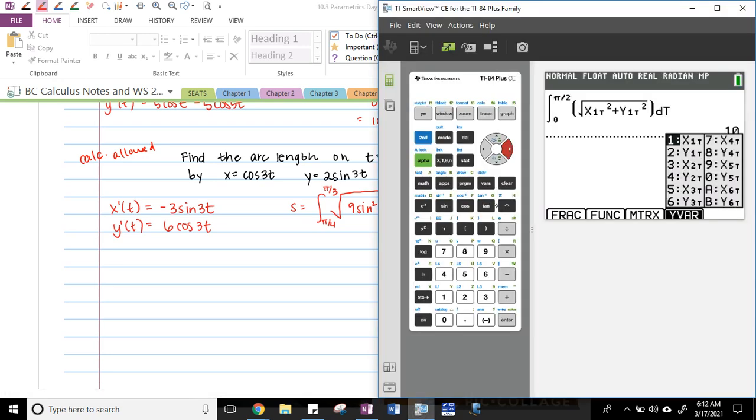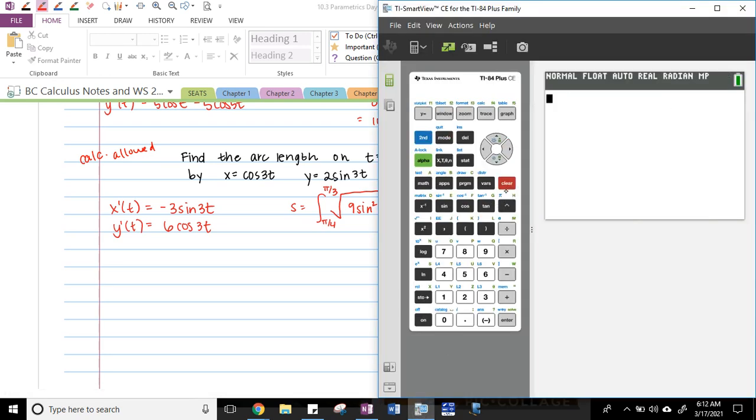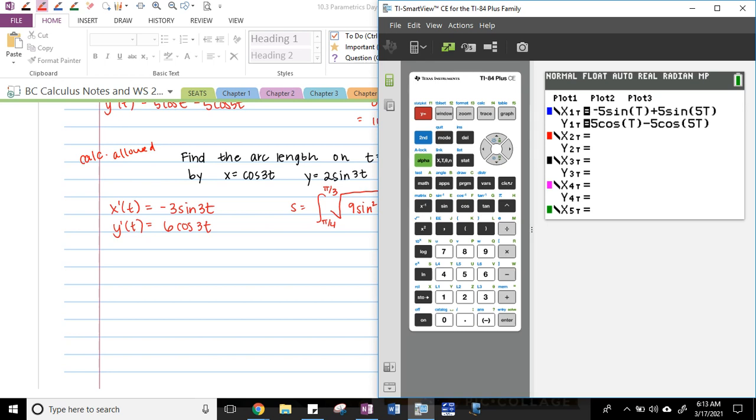And then, like I said, on this one I don't know, I kind of go back and forth. I could retype the whole thing, but now that I'm thinking about it, I have this on my screen. All I need to do is change the equations and change the upper and lower bounds of integration. So maybe I will do it this way. Negative 3 sine of 3t. It doesn't really matter either way.